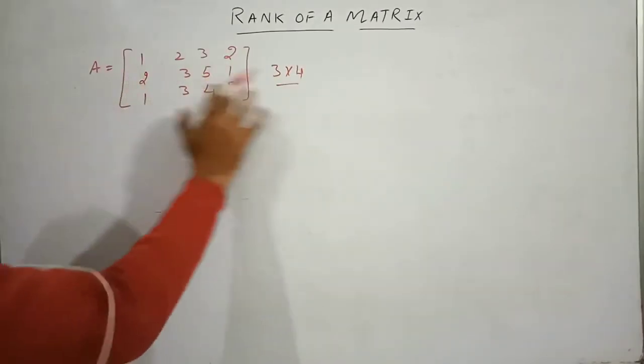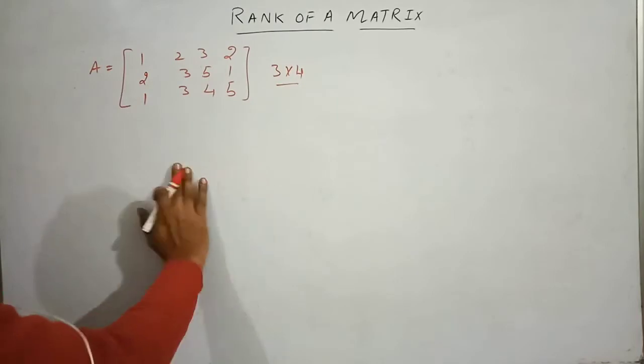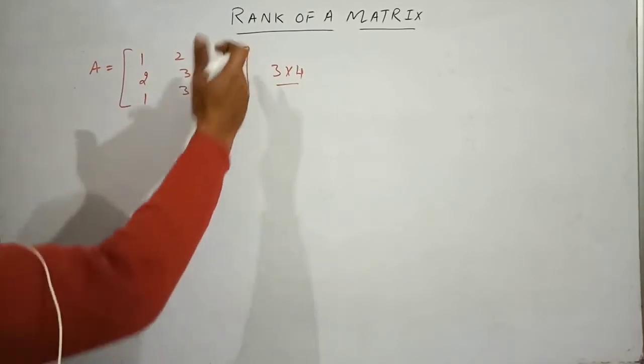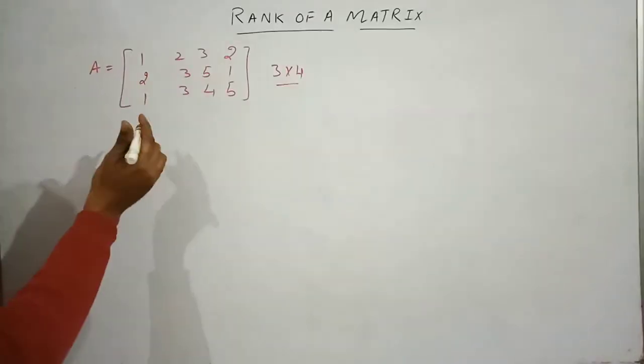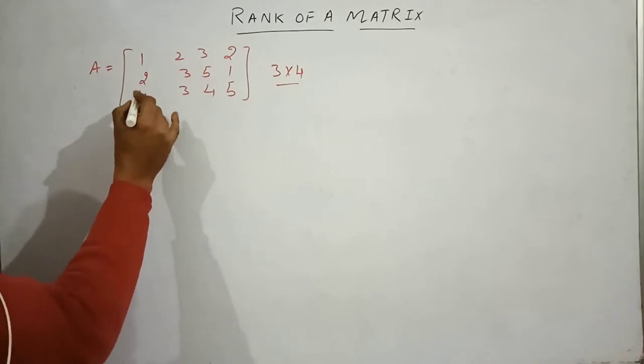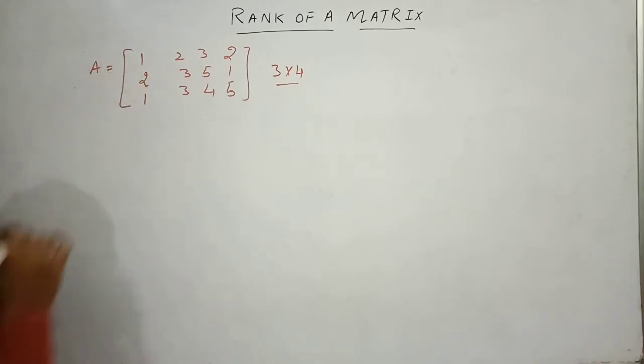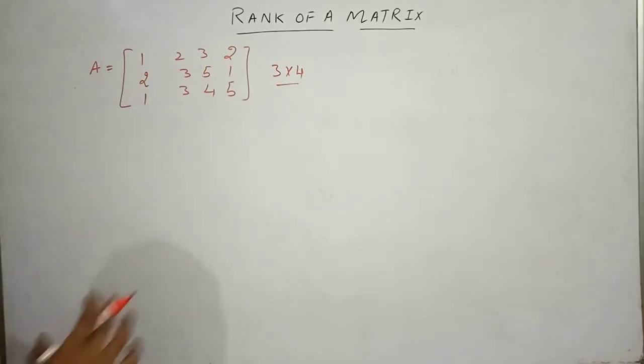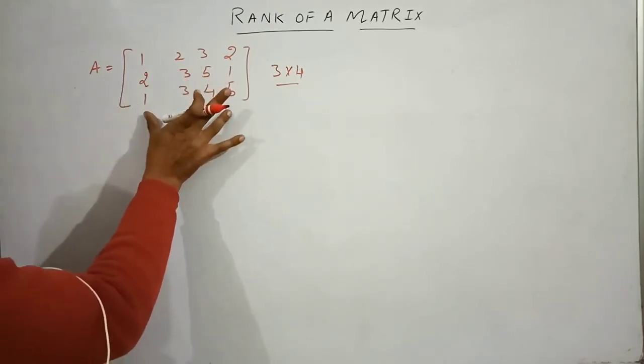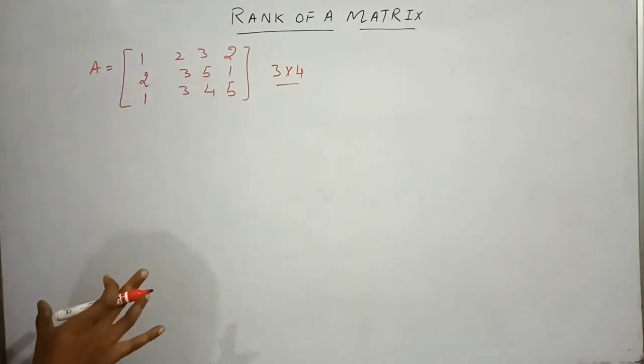Let A be a 3 by 4 matrix. To find the rank of this type of matrix, we will apply row operations. So we will try to make its row echelon form.